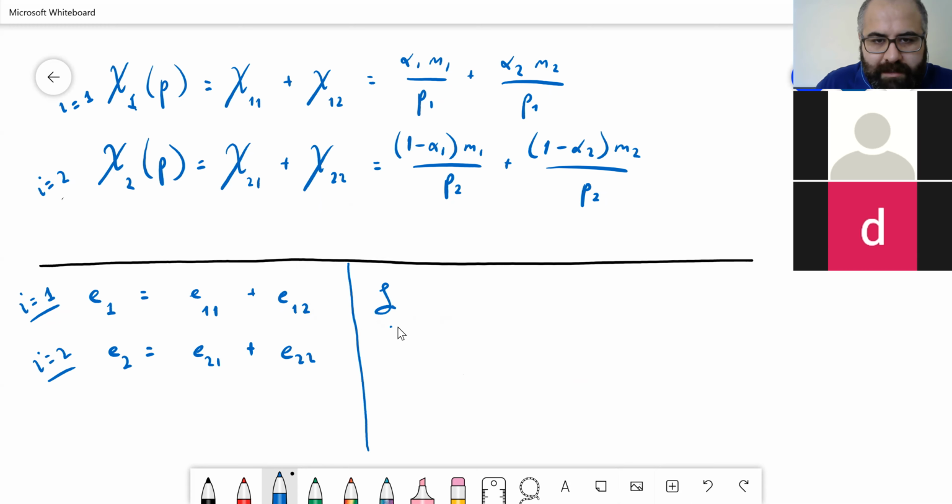Then excess demands could now be written, right? Excess demand in the first market will be alpha 1 M1 plus alpha 2 M2 divided by P1 minus E1.